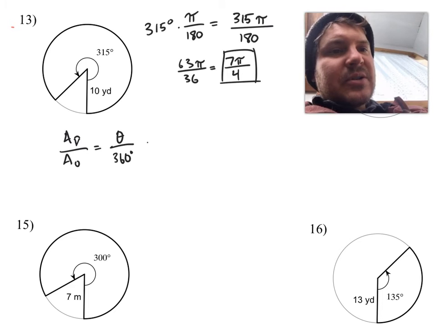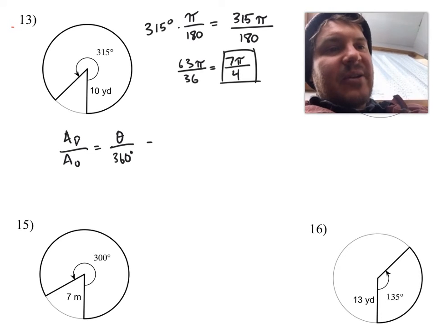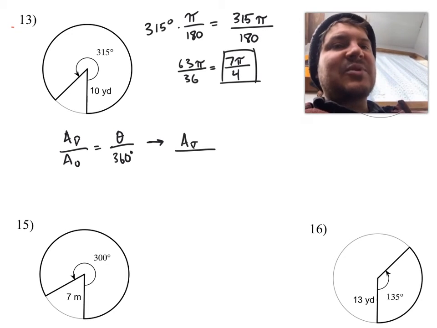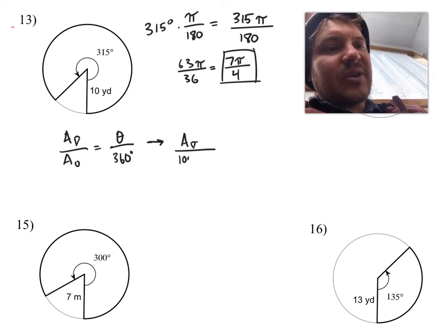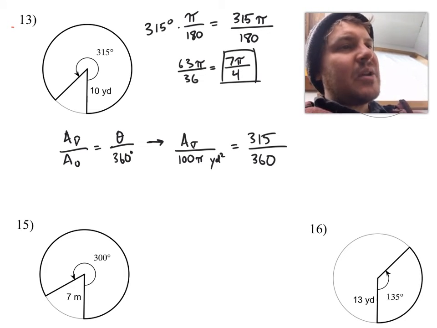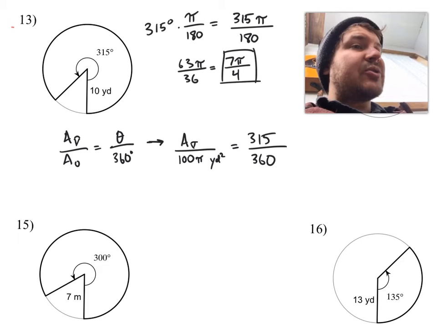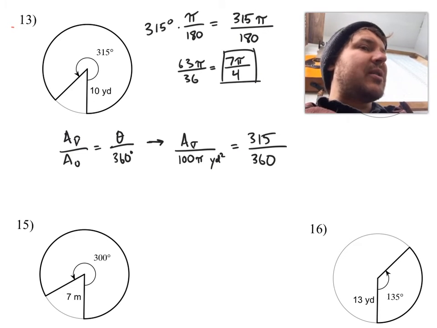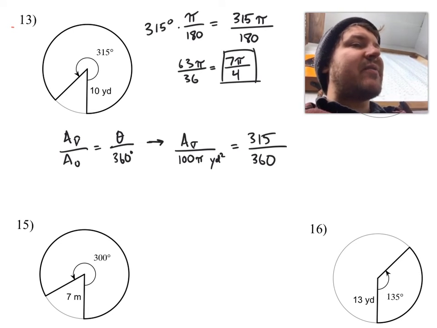The area of the circle is going to be pi times the radius squared. So that's 100 pi square yards. And that equals 315 out of 360, which I know reduces to, what? 315 over 180 was 7/4, so this would be 7/8.